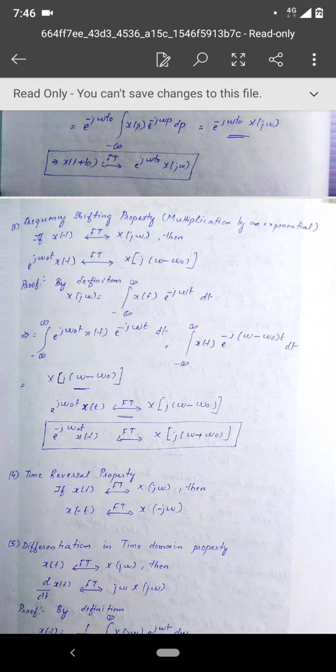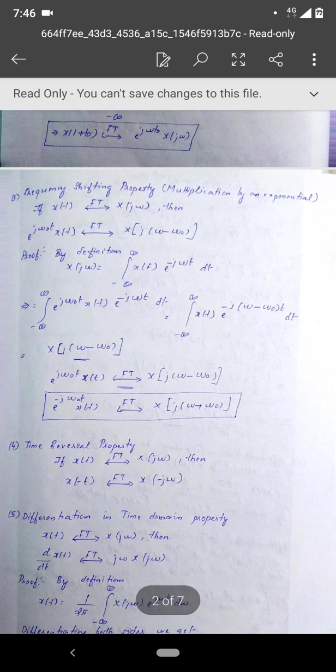That is what is explained through property number 3. If the Fourier transform of x of t leads to x of j omega, then what about x of t being multiplied with e raised to j omega naught t? The Fourier transform of such a signal is nothing but x of j omega minus omega naught.